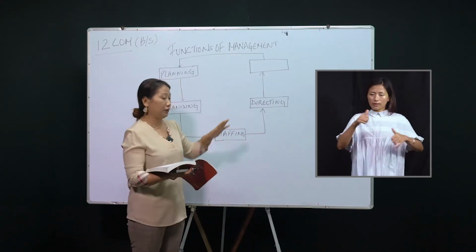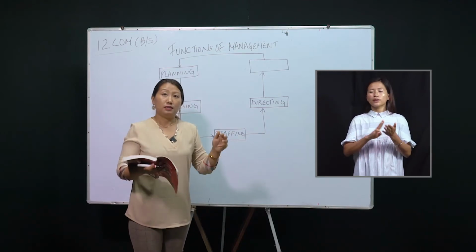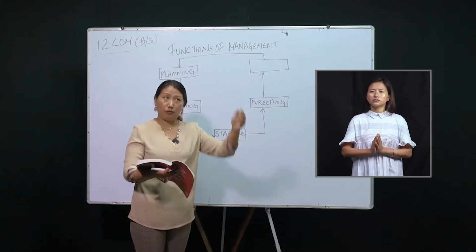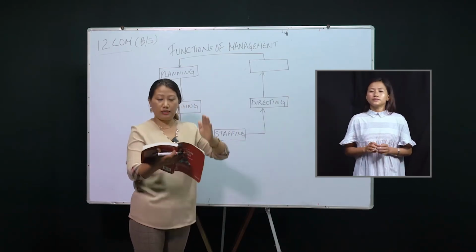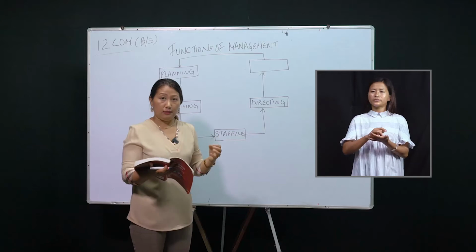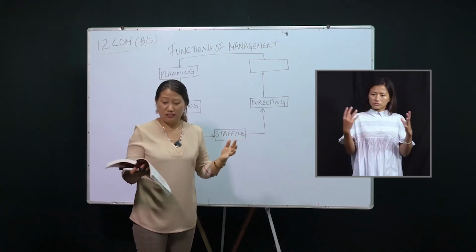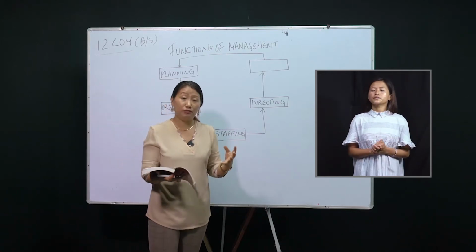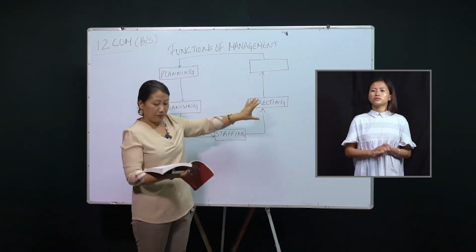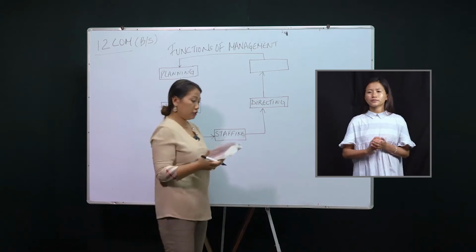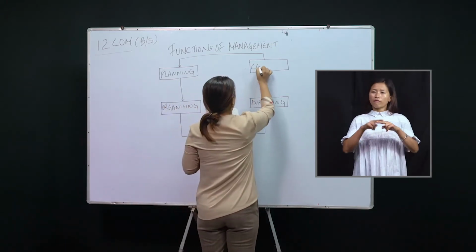Under this, motivation takes place, communication from the top level to the bottom and from the bottom to the top, leadership, and there are different types of leadership styles, and supervision. These are the activities done in directing. The last function of management is controlling.